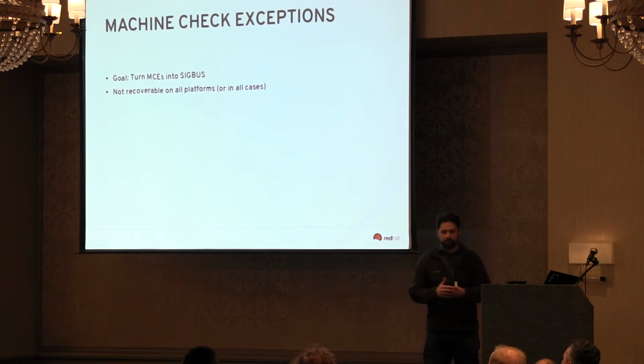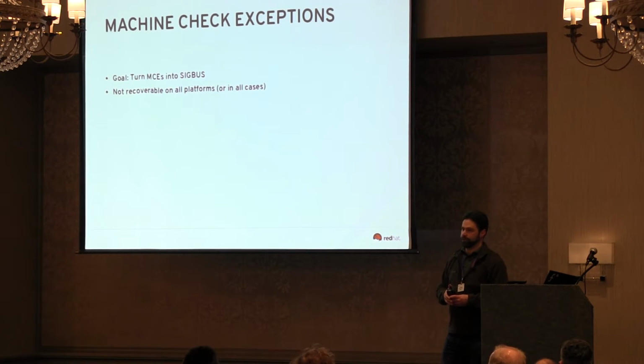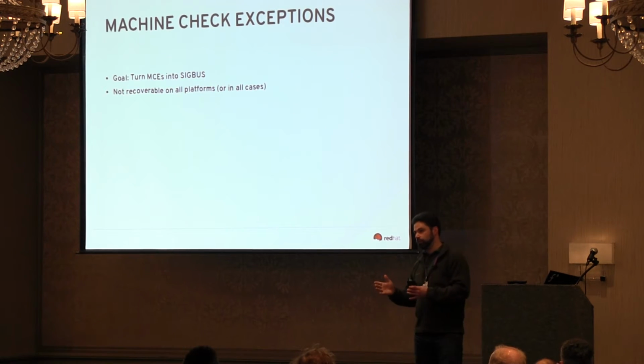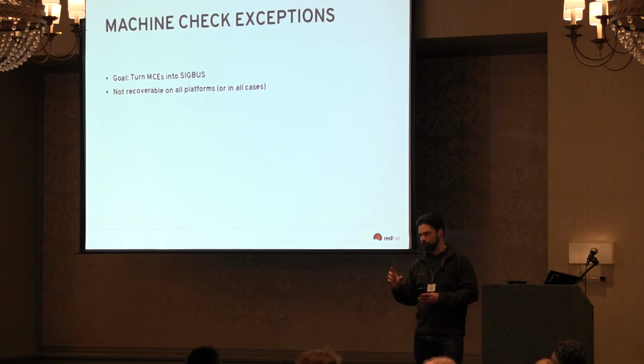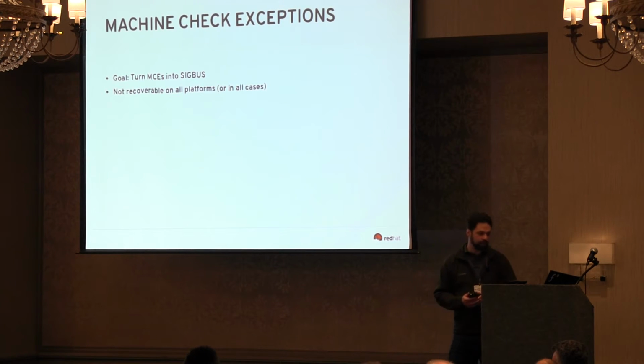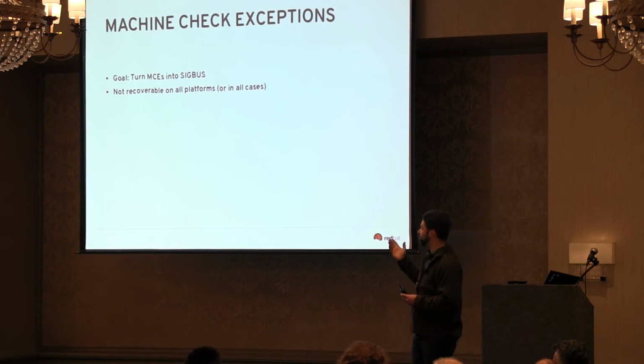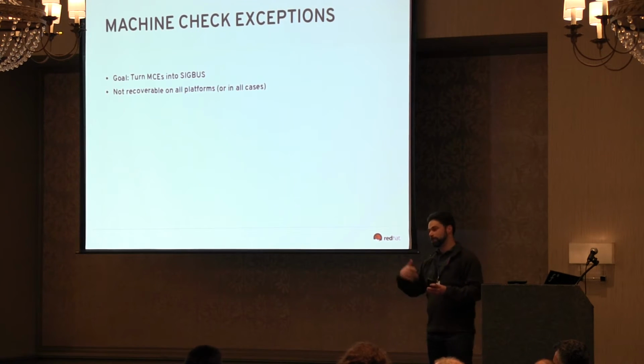And turning it into a SIGBUS is great, except that not all platforms will allow you to handle this gracefully. And even on platforms that do allow graceful recovery from machine checks, there are cases where the processor context is corrupt and it can't continue anyway. So if you imagine your file system metadata has a poison region, you boot, you trip over this poison, and so you reboot, and you trip over this poison, you reboot.